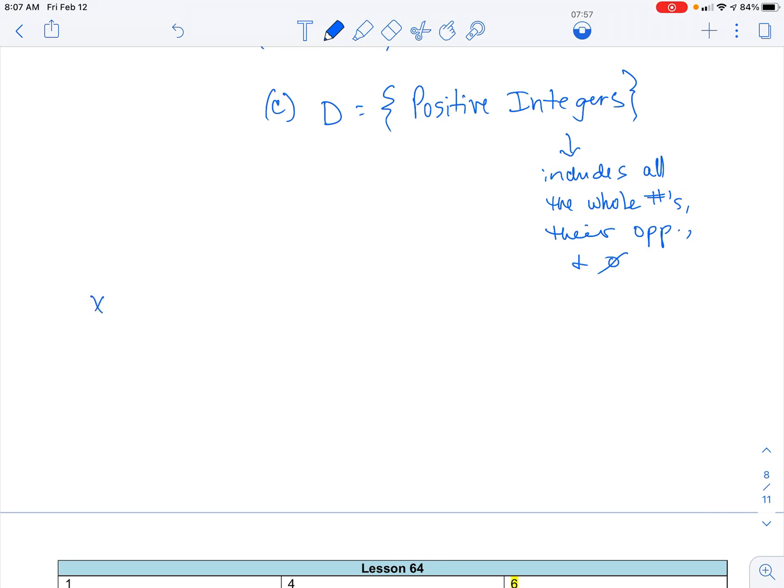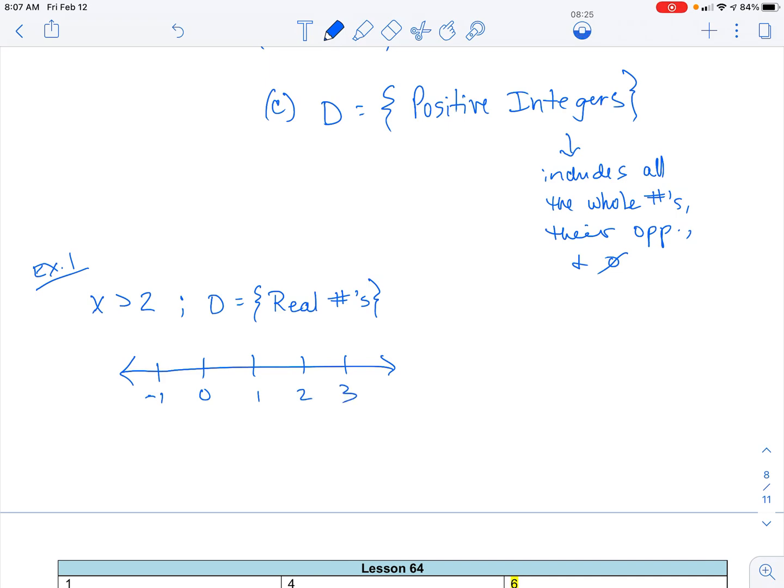Let's say we're supposed to graph x is greater than 2. And we're told that the domain will include the set of all real numbers. So they're going to give you that. They want you to graph this on a number line, so we'll go ahead and get a number line on here.